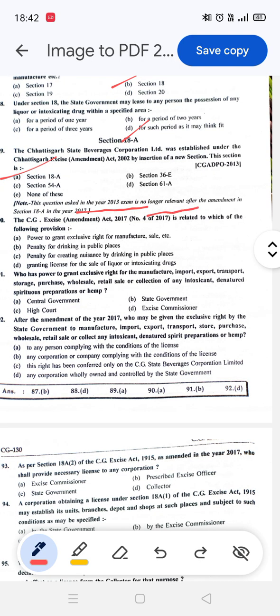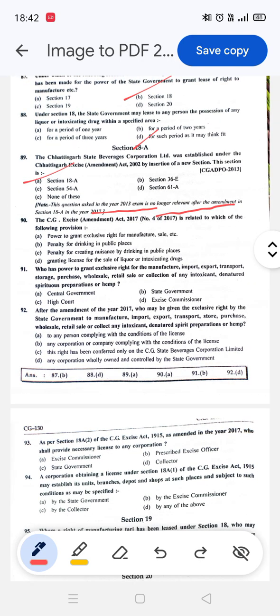Exam is no longer relevant after the amendment. Section 18 in the year 2017. Question number 90. The CG Excise Amendment Act 4th of 2017 is related to which of the following provisions? So option A is correct. Power to grant exclusive right for manufacture of sale, etc.